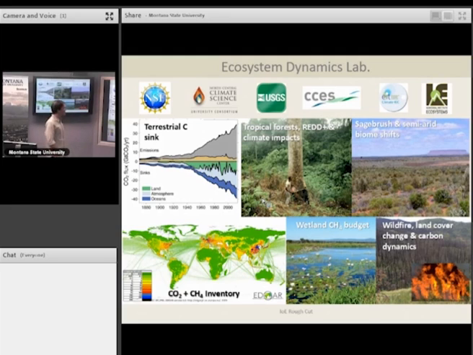Within these larger projects, we have work related to REDD+, trying to estimate tropical biomass within a functional commercial service that could be used at the project level, and also evaluating climate change impacts on tropical forest dynamics. We're also looking at semi-arid systems, in particular the climate vulnerability of sagebrush systems in the West. And then we have several projects looking at interactions between vegetation, disturbance, and land cover change from a modeling perspective.